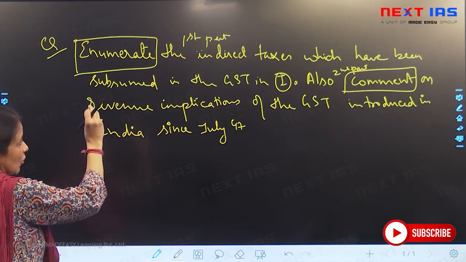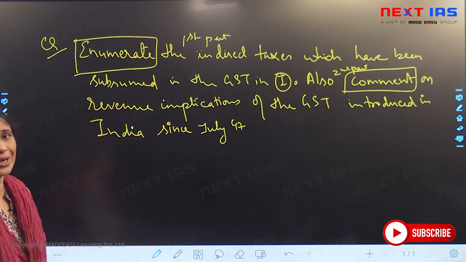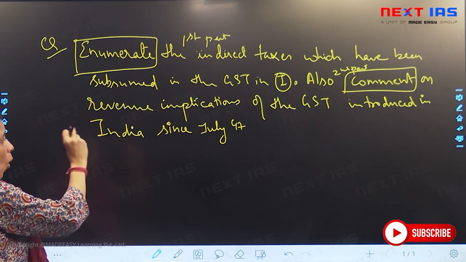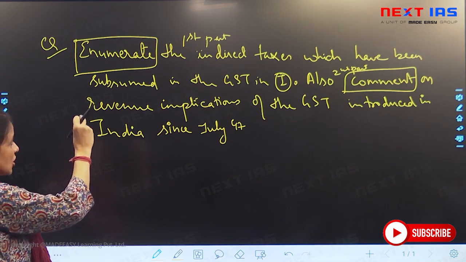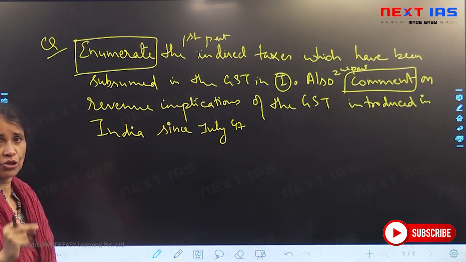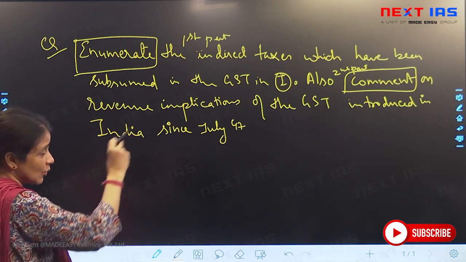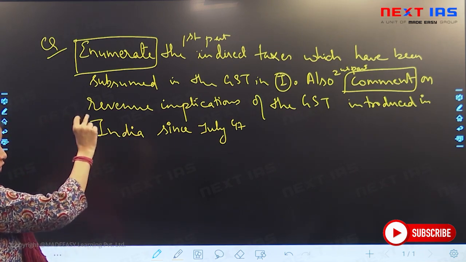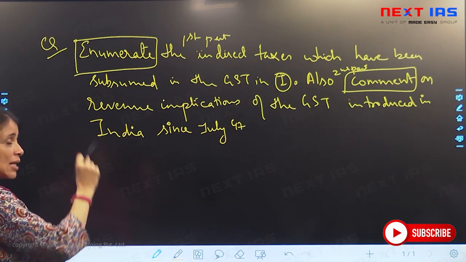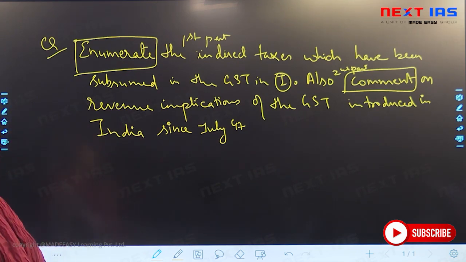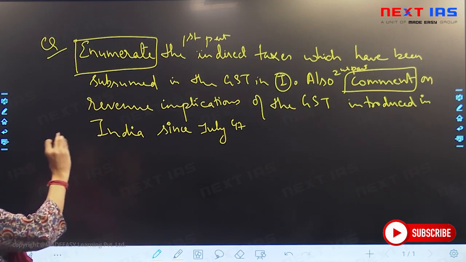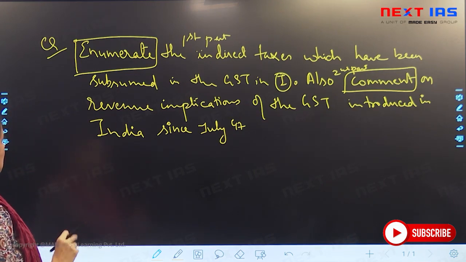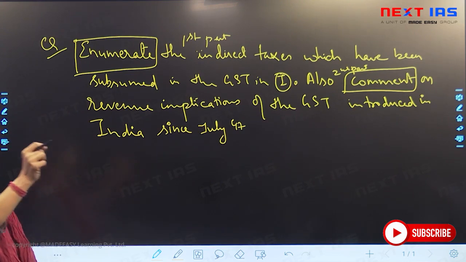ऐसा नहीं है that you are going to write one section and you are going to get good marks. No. The order has to be followed, the chronology that UPSC has asked in the question, that sequence has to be followed, and at the same time, every question that is asked, you have to answer that, only then you will get the complete marks for whatever you have written. So, enumerate means you have to list point wise.